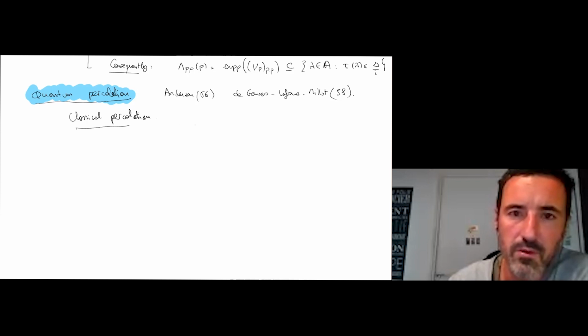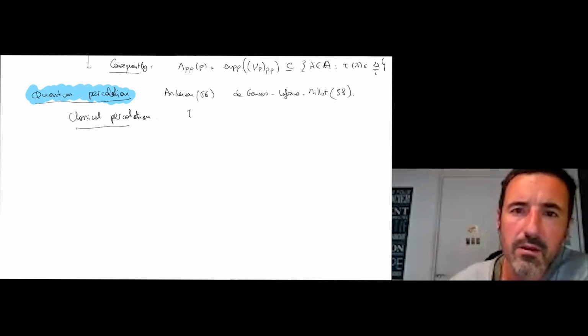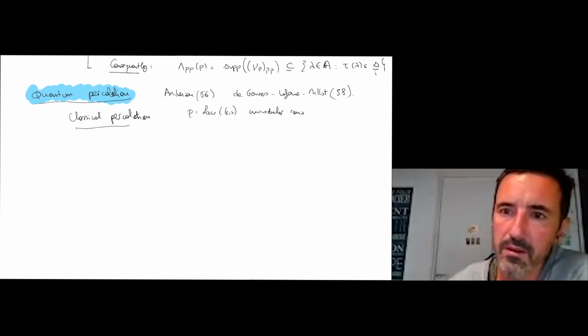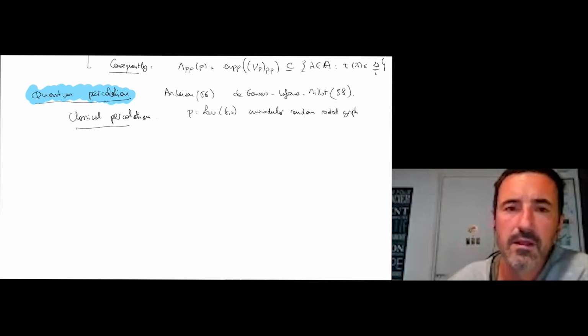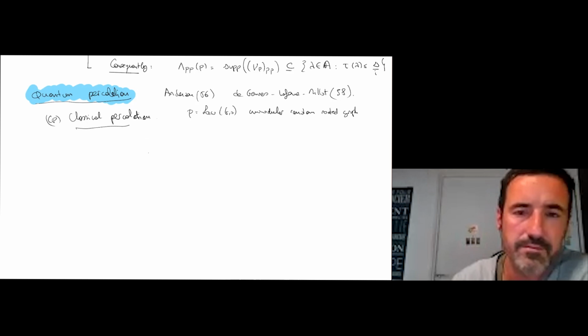So in our framework, we take rho, which is a law on G_O, let's say a unimodular random rooted graph. What is classical percolation, which I will call CP?